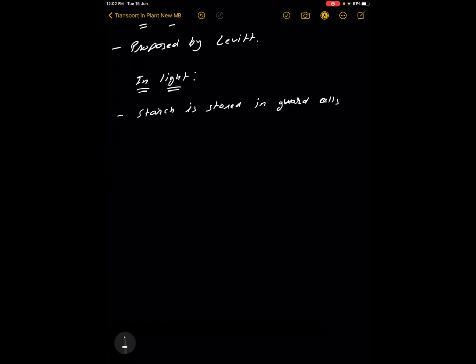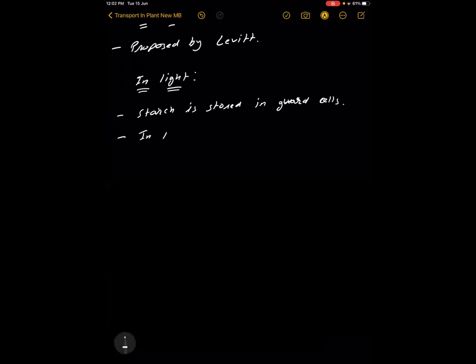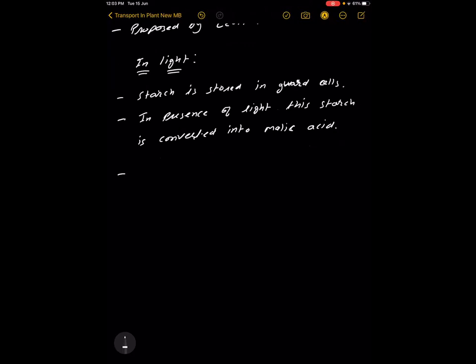In the presence of light, this starch is converted into malic acid.